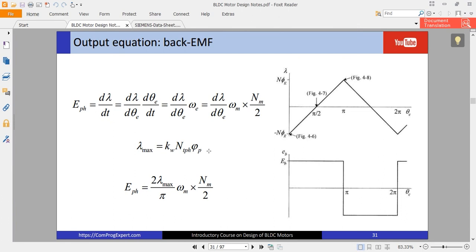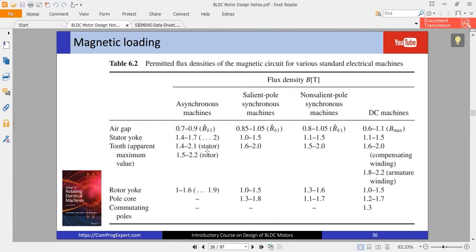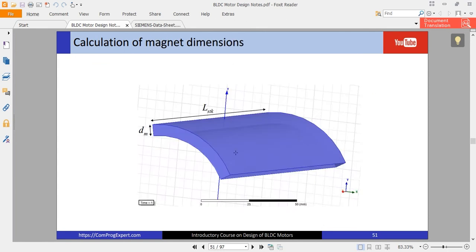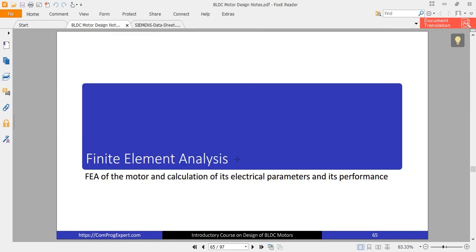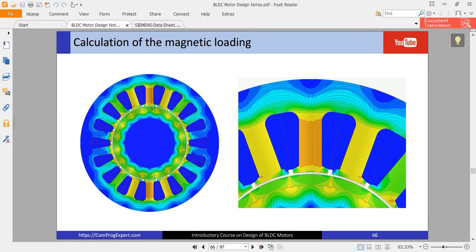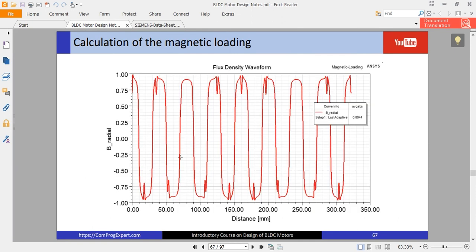So as you know, if I show you this figure, we have a number of poles on the rotor, and on average we have a specific amount of flux under each pole. This figure shows the radial component of the flux density in the middle of the air gap versus rotor position or distance. The number of poles here is high.